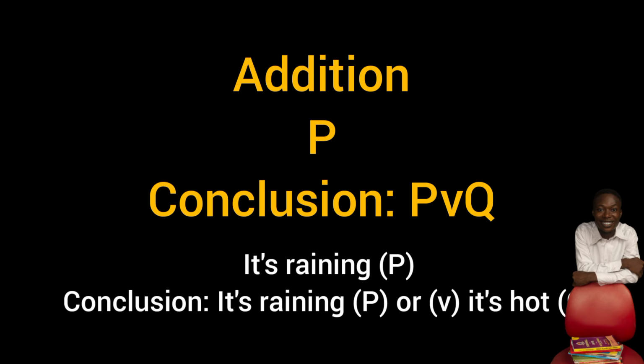So that is for addition. With addition, we can always add any variable to it. So P, therefore P or Q, or we can say P or S or P or V, whichever you choose. So P stands for it is raining, therefore P or Q or R, whichever you are using, could mean it is raining or it is hot.